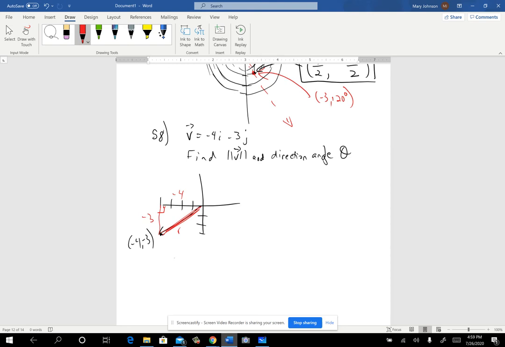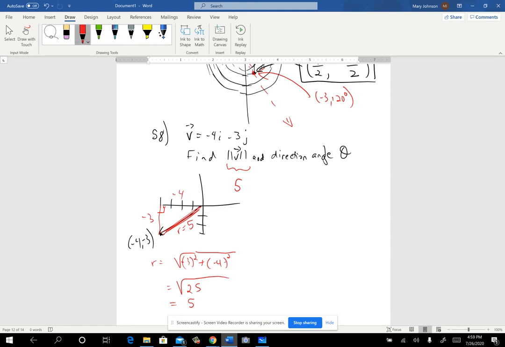So you do square root of -3 squared plus -4 squared, and that's going to give you your r, which is the magnitude of the vector. 9 plus 16, that's 25. Oh, I probably could have figured that. I wasn't thinking that r would be 5, and that's actually the magnitude of the vector: 5.